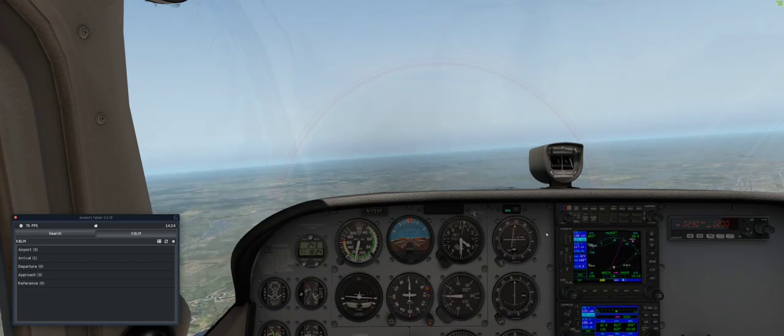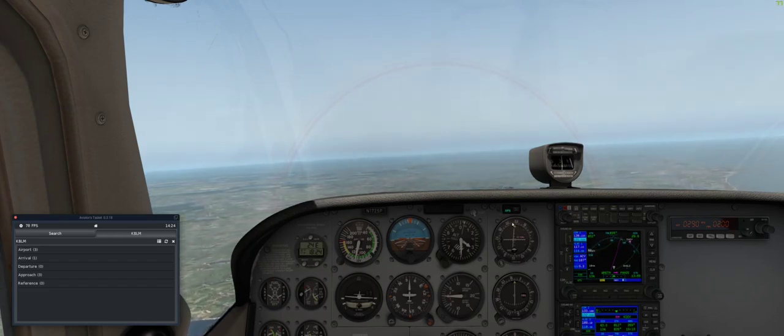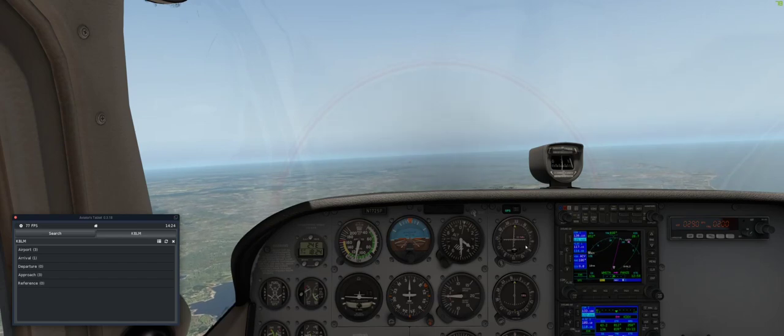Now, if the only piece of information anyone had looking at this piece of equipment, they'd say you're flying the 320 radial to your nav aid, and you're centered on that 320, except we're not. We're not flying a 320 radial.